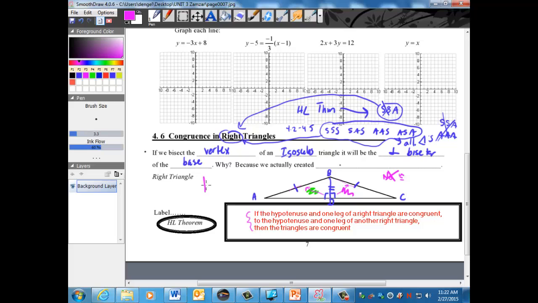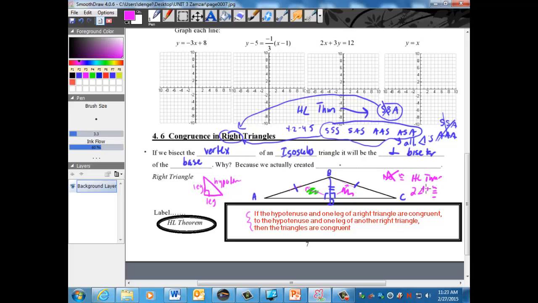So again, if we were to redraw this right triangle and we had a 90-degree box here, we could say this is a leg and this is a leg. So either one can be used as our leg, and this is always going to be our hypotenuse. So this is exactly what we have here, and so this is called the HL theorem, and we can now say that these two triangles are congruent.